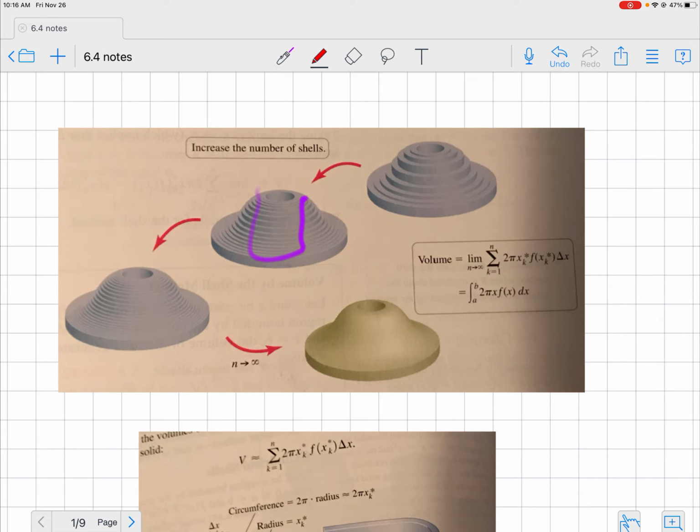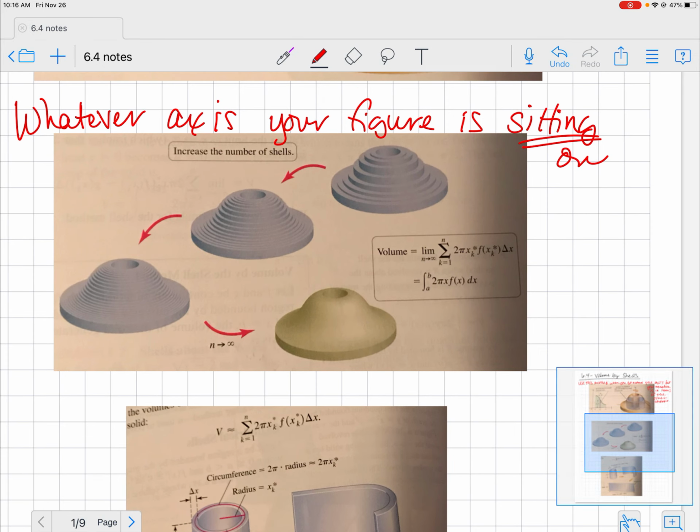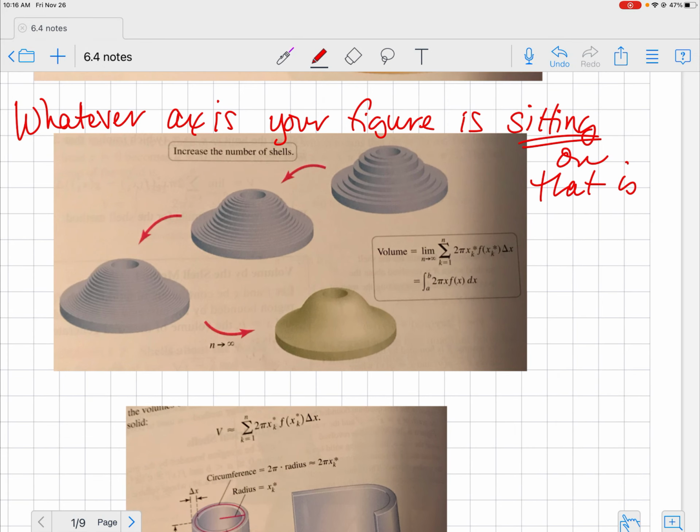All right. So here's the other tip off. Whatever axis your figure is sitting on, that is the differential.